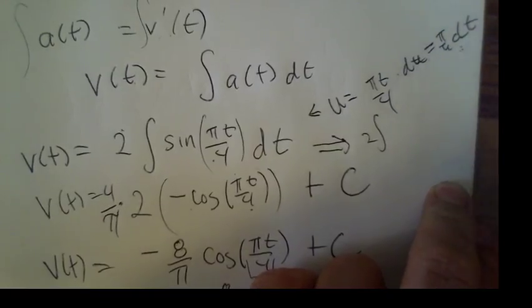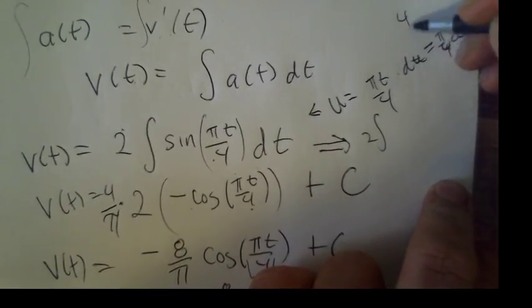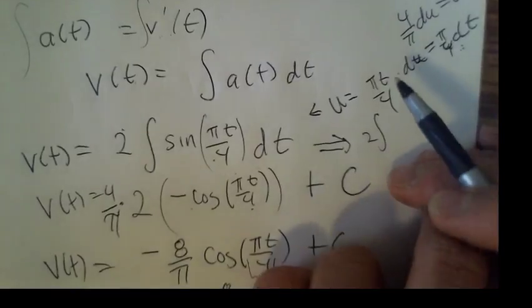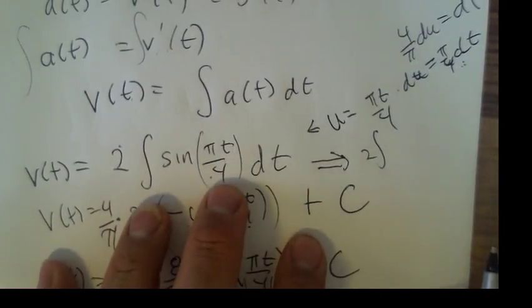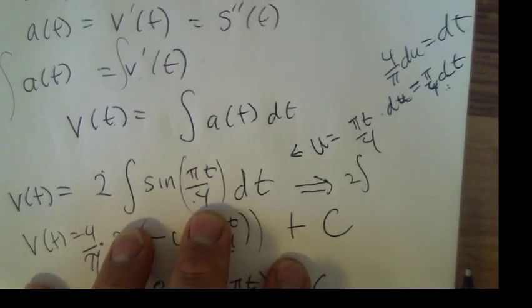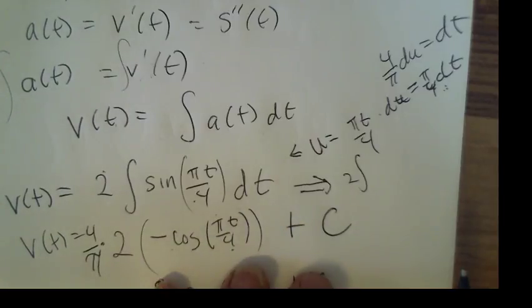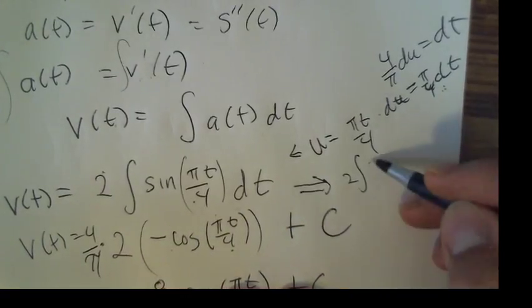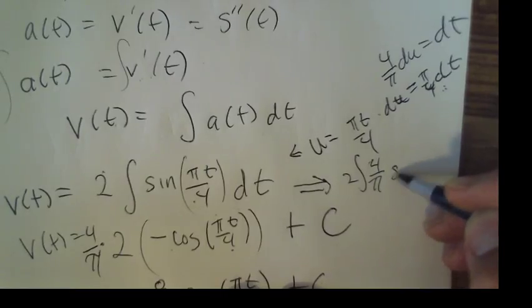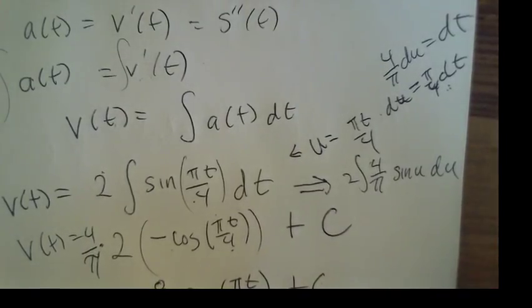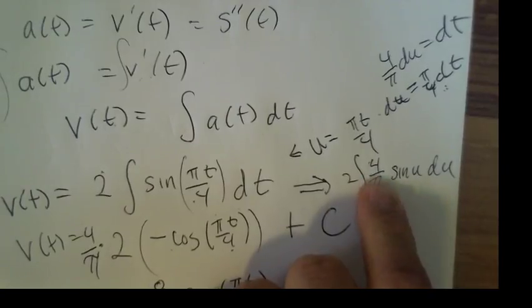If this is du, that means 4 over pi du is equal to dt. So when you do the substitution, you'll get something like that. Now we see that's where the 4 over pi came in.